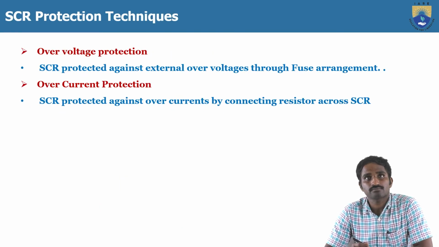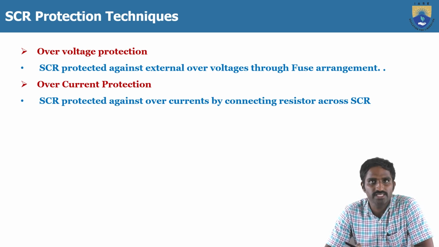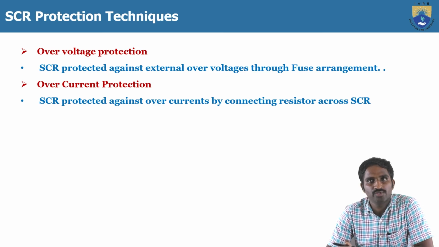Then the over voltage and over current protection. To protect the SCR from over voltages, we connect a fuse. Then the SCR is protected against extra over voltage through the fuse arrangement.